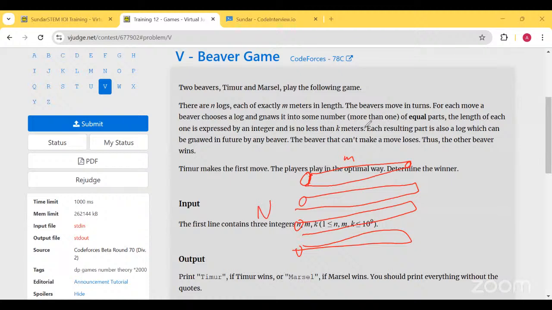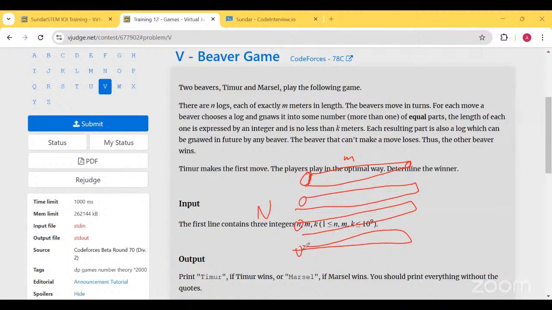In one move, a player can divide a log into two or more equal parts, for example, 3 equal parts. And the length of each part should be an integer.